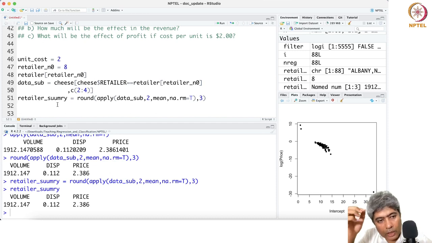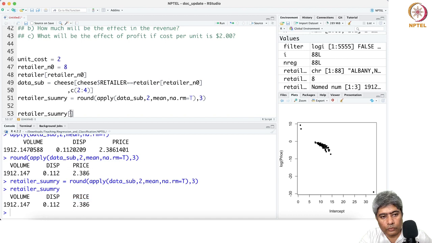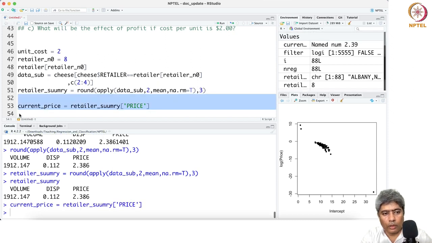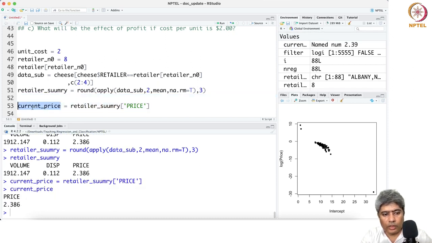So let me take the average price as the current price. Suppose this is the current price.